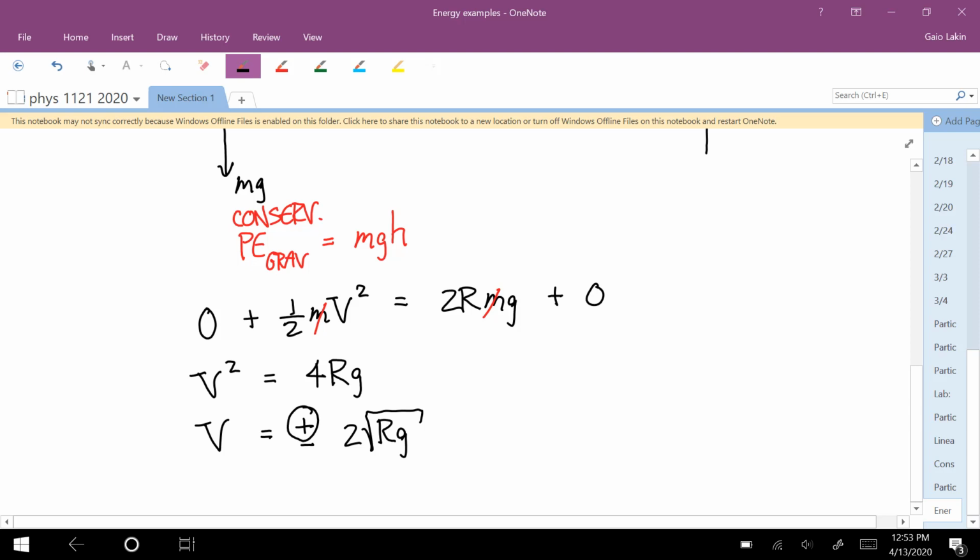And we want the positive because speed is an absolute value. It's always positive. So if you look at the relationship, it makes sense that the bigger the radius is, the longer that string is, the faster the thing needs to be going at the bottom in order to make it up to the top.